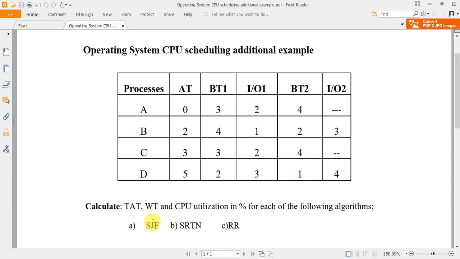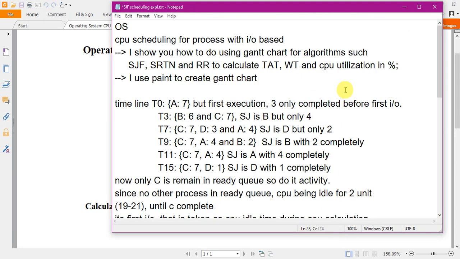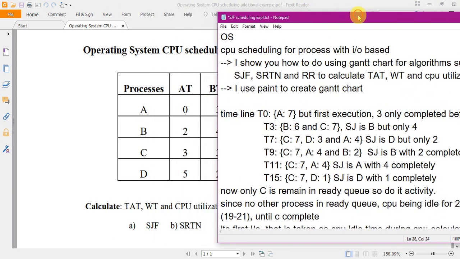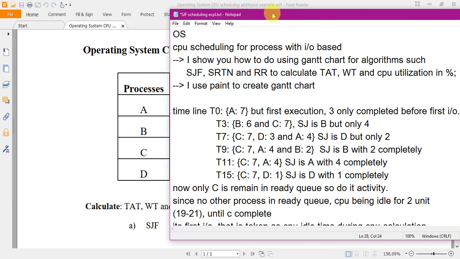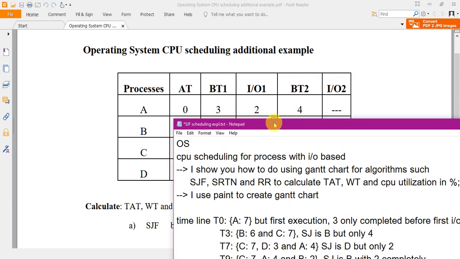To simplify my video size and the time required, I primarily built a number of situations, with a timeline for this shortest job first based on the given data. Timeline 0, as you see here, is the first time, with process A in memory.